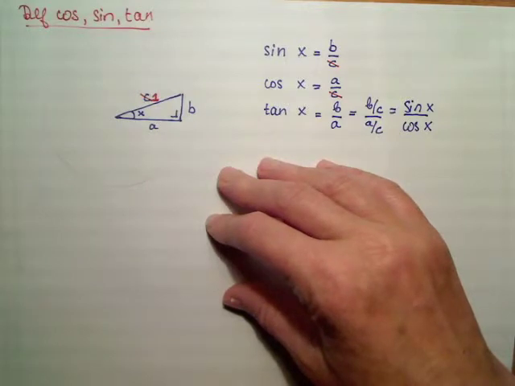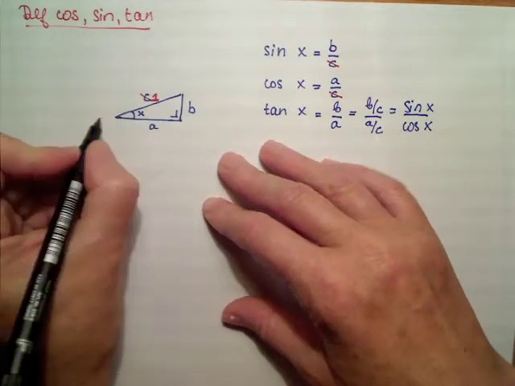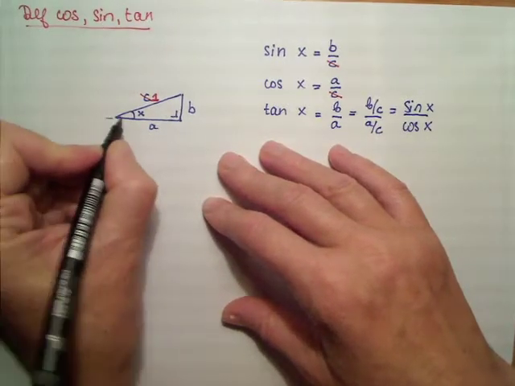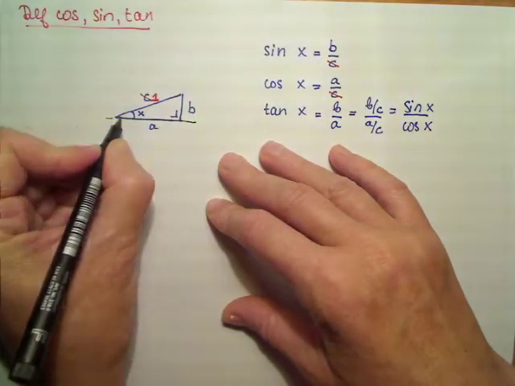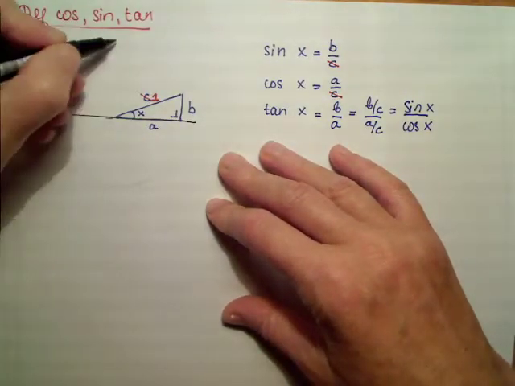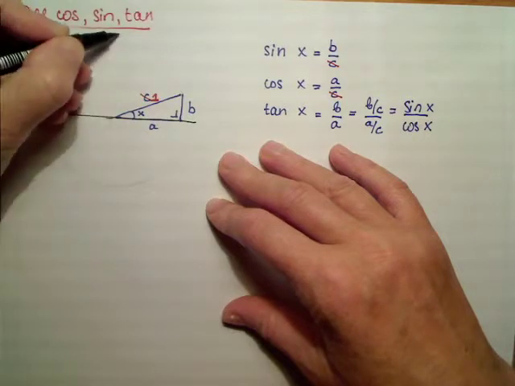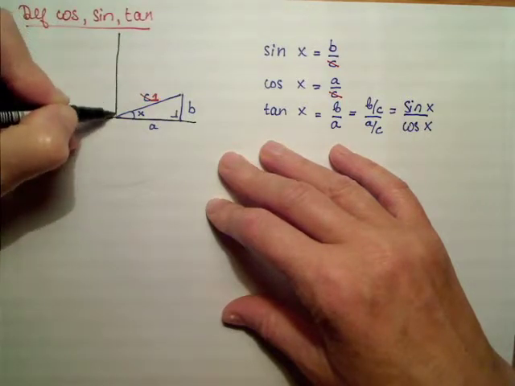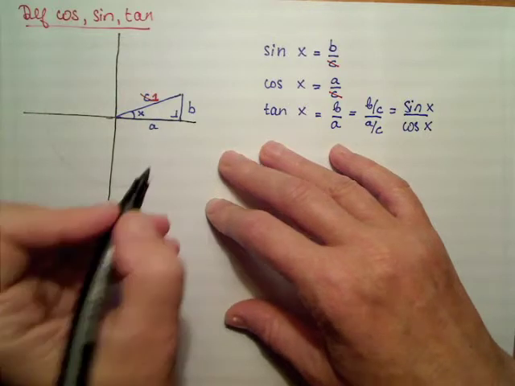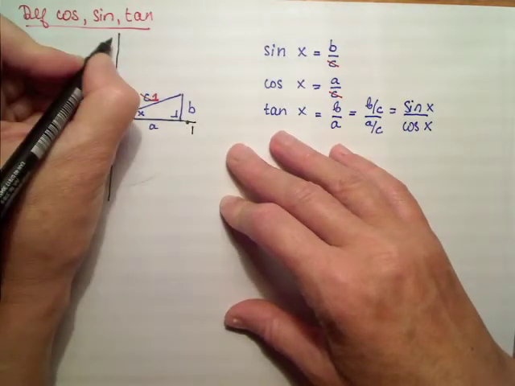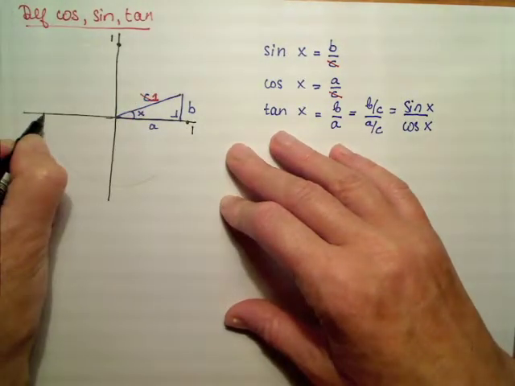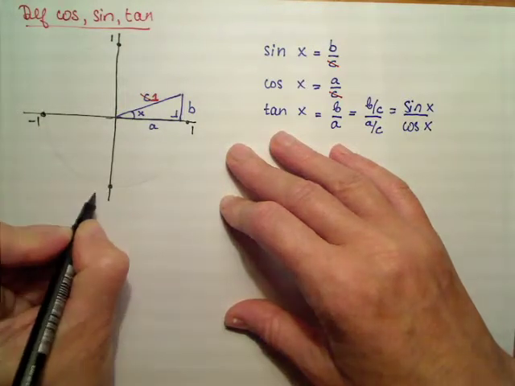Okay, we will draw the axes here. So we get a circle of radius 1. So 1 is sitting over here, minus 1 over here.